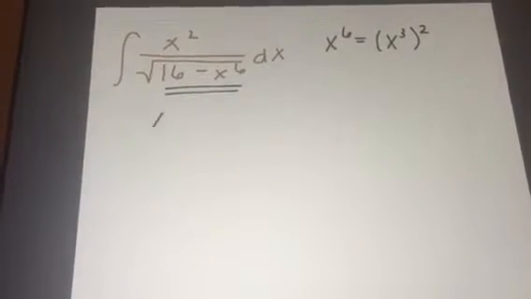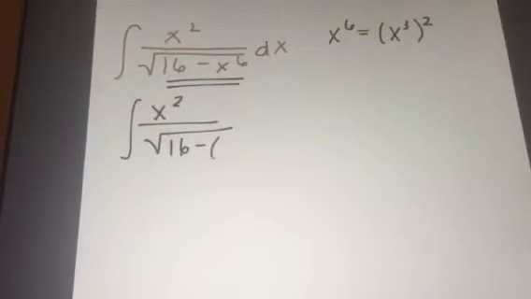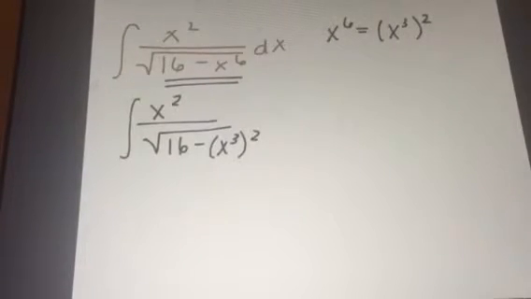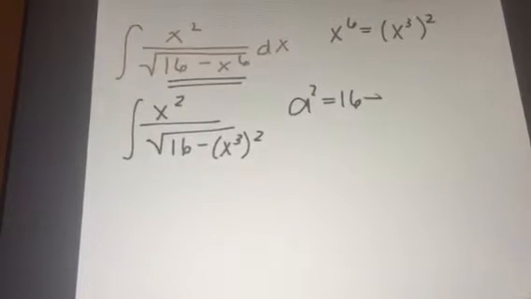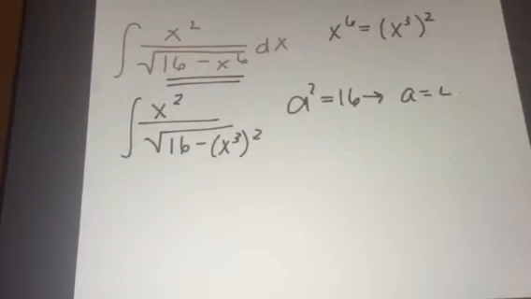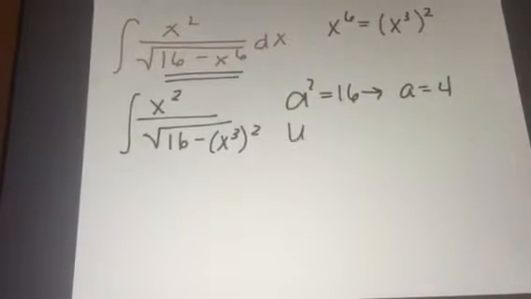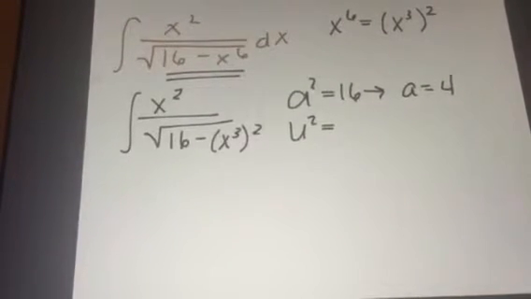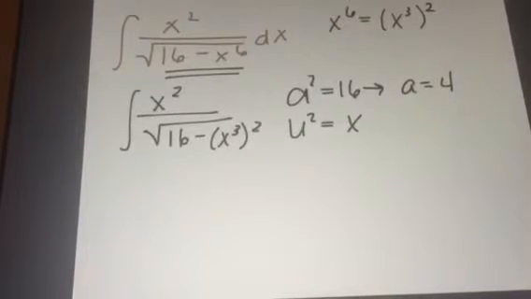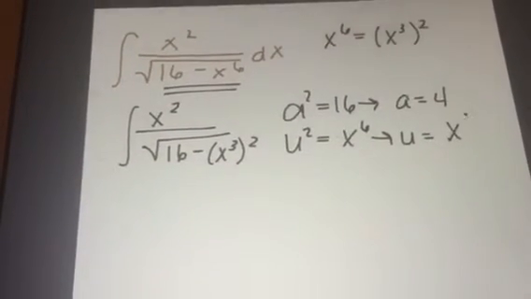By doing so, that gives us the difference of squares per se, where a squared is your 16, you simplify that to be a being 4, and your u squared is x to the 6. If you take the square root of that, then that'll just give you x to the 3rd.